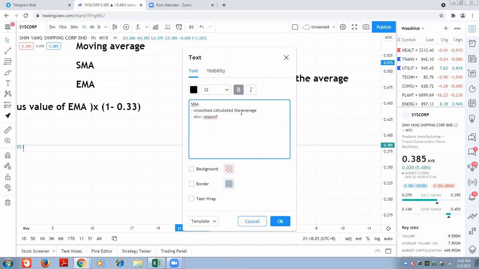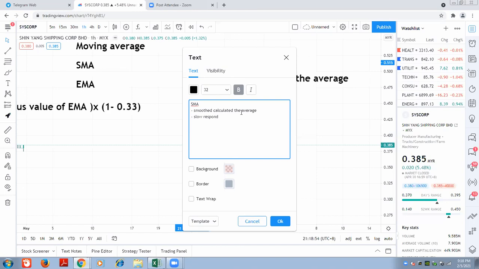Why do we call this slow response? Because of how it responds to the people that read the price changing between the MA line and the candlestick. They say that the price action is hard to see the direction if the SMA line is around the candle.